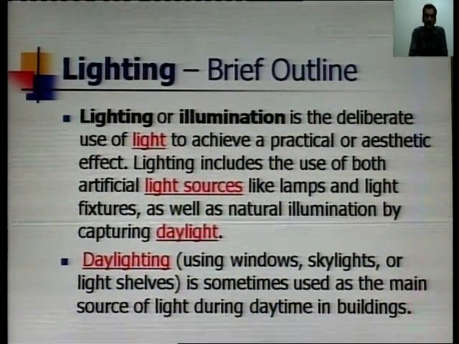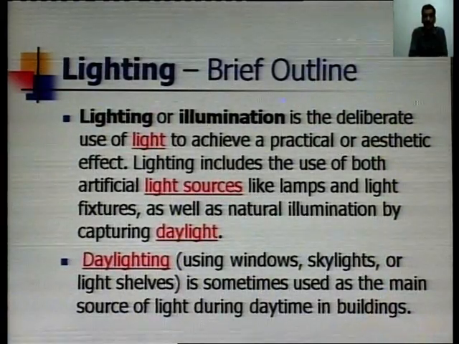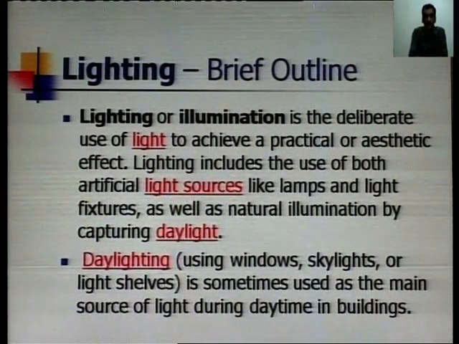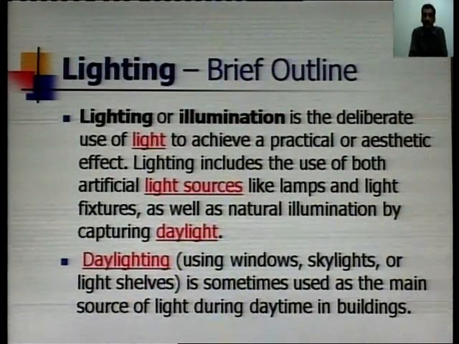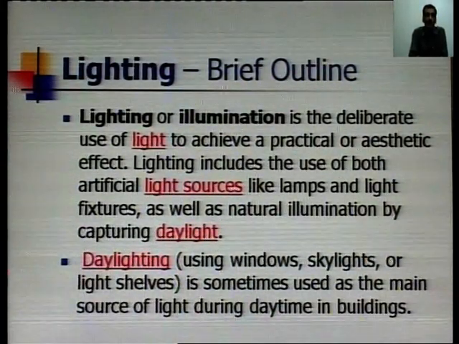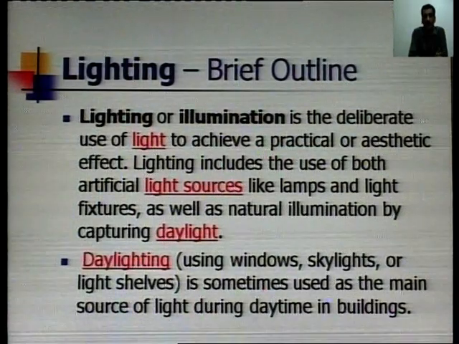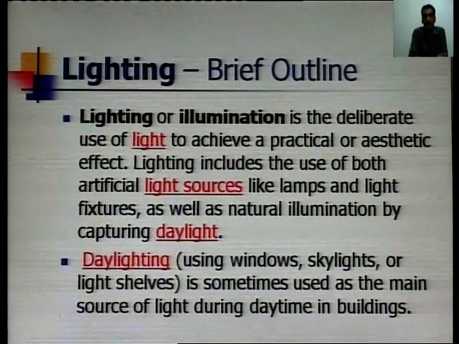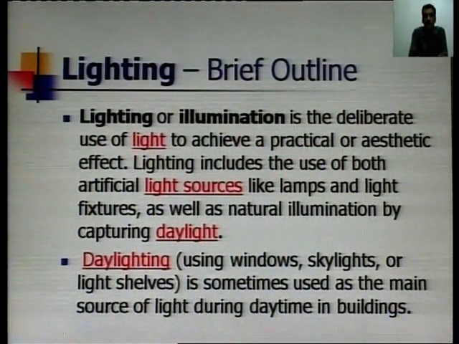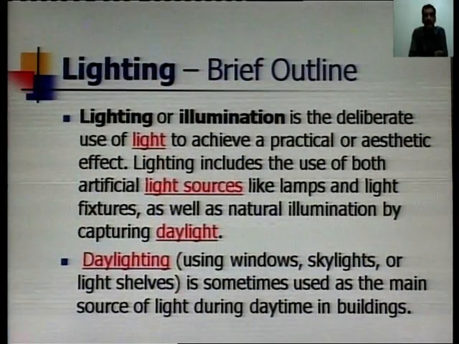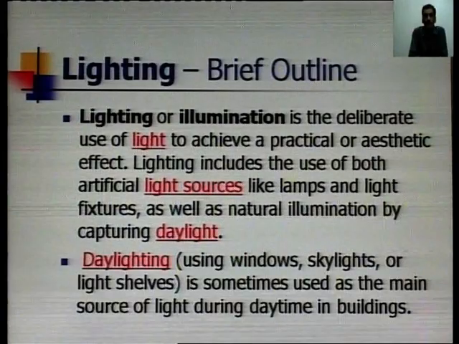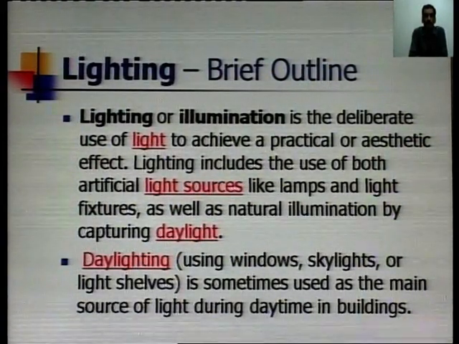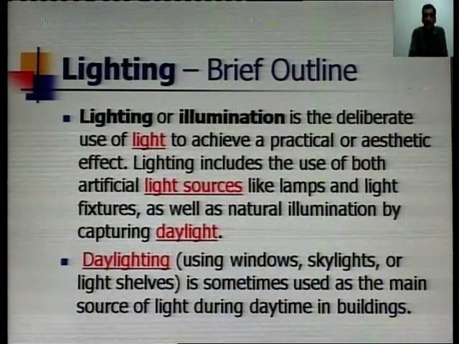If it is exteriors, it has to be daylighting. And how is daylighting done? Daylighting uses windows, skylights, or light shelves. If a room has a certain number of windows, a skylight, or any kind of light source, it is used as the main source of light during the daytime for buildings.